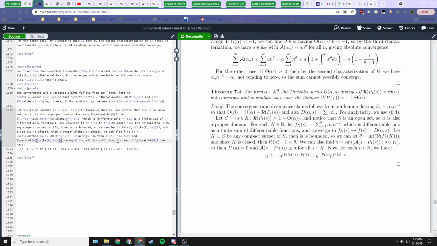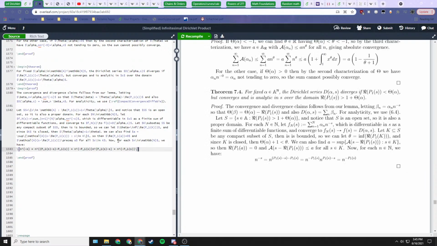Okay, now for each n we have this. So this is n power negative s, so we separate out the first index. That's fine. So we want to separate out the first index. No, this is fine actually. We really don't need to do the real part here, because I think it works out in the end.